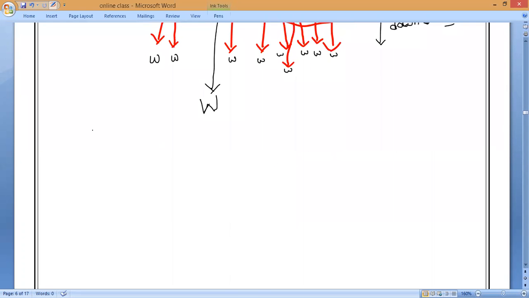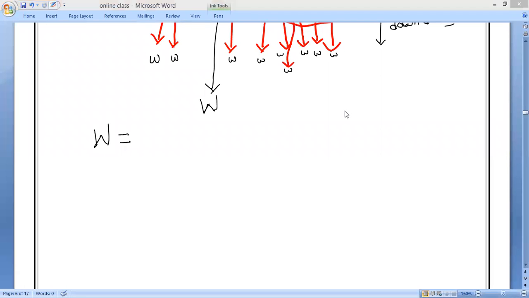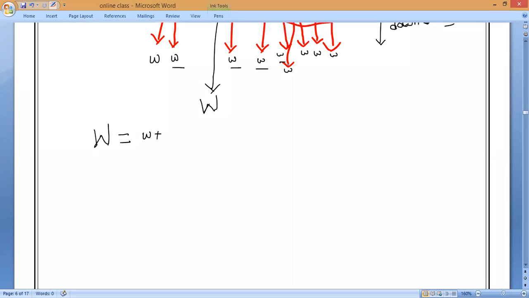As I told you in the previous class, capital W is equal to, what is that, can anybody tell? Mr. Kaushik, Harish? Capital W is equal to the sum of the weights of individual particles, that is, w plus w plus w plus w and so on till w.